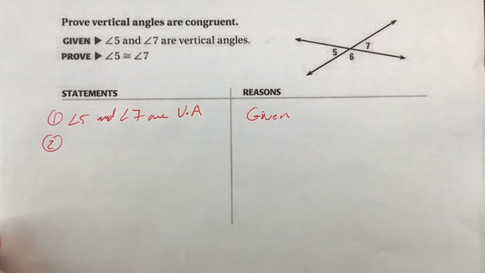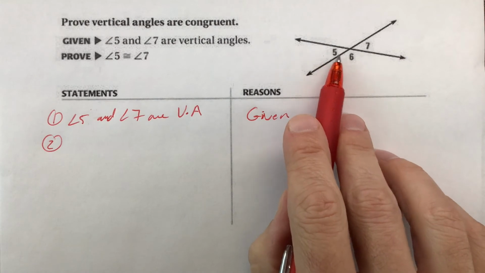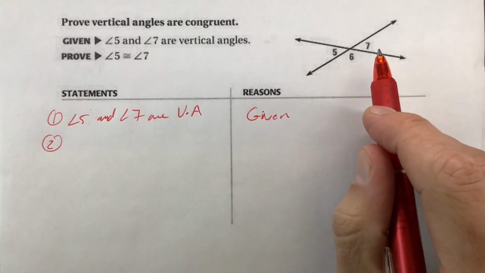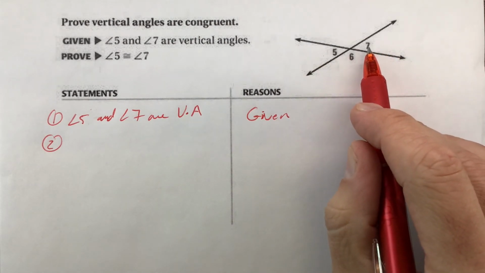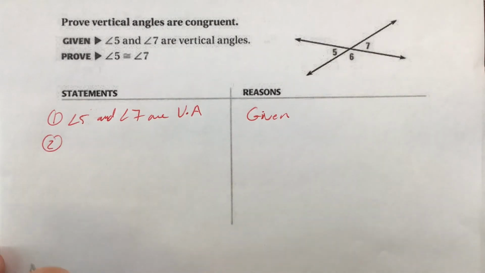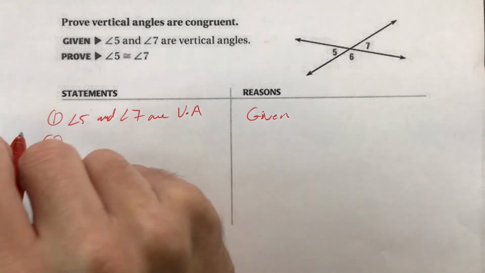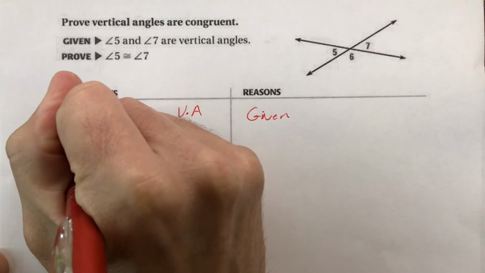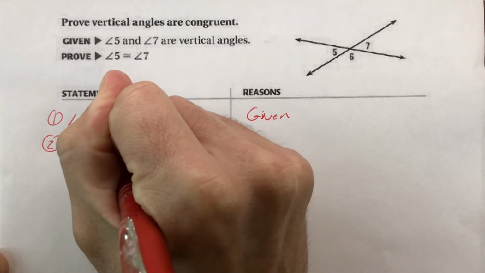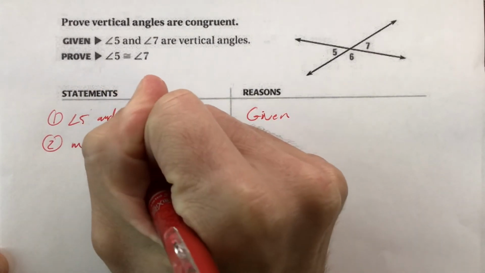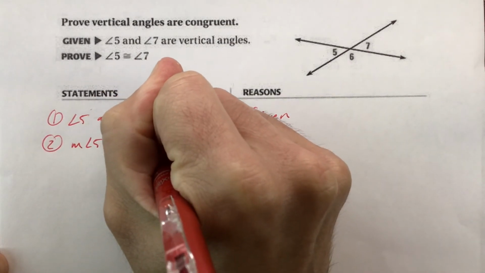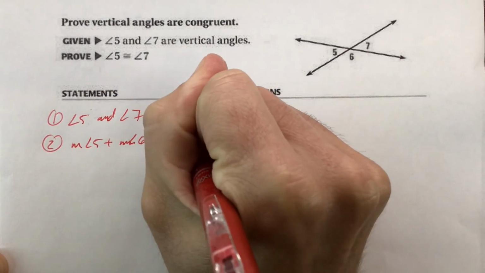For line 2, we're going to think about the stuff that led us to believe that these were congruent, and that had to do with the linear pairs. I was looking at angle 5 and 6 as a linear pair, also looking at 6 and 7 as a linear pair. So I'm going to write down that the measure of angle 5 plus the measure of angle 6 is equal to 180 degrees.